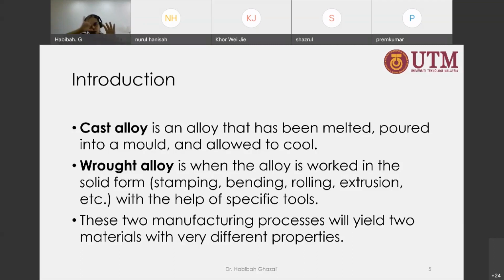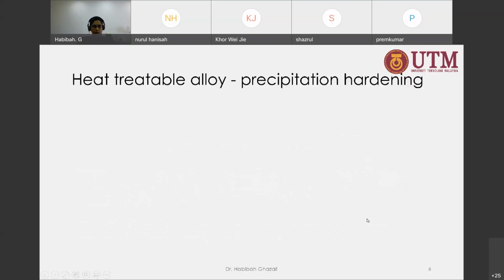But when we have a lot more copper, the other phase will start to precipitate as well. So we will have a final product that consists of a different microstructure. This will make the material brittle, so if we want to shape them, they need to go through a different process. Those are the differences between the cast alloy and the wrought alloy.